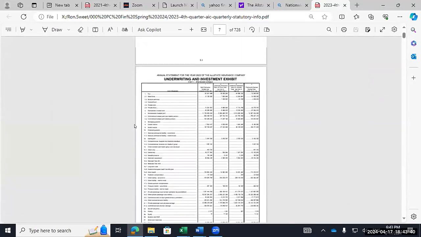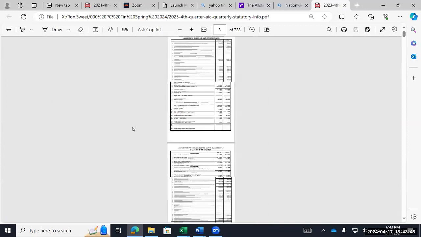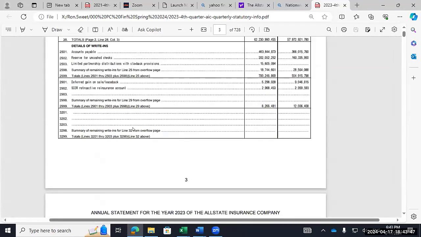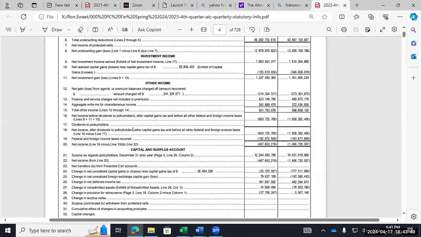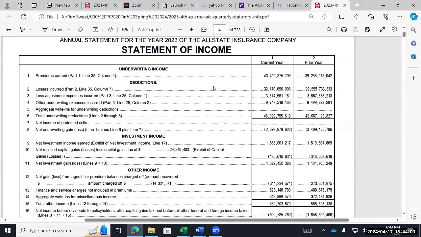I'll go back to the income statement real quick. Look at that. Underwriting losses the last 2 years. What does that mean their combined ratio is? What is the combined ratio, 96 or 104, if you had a choice?